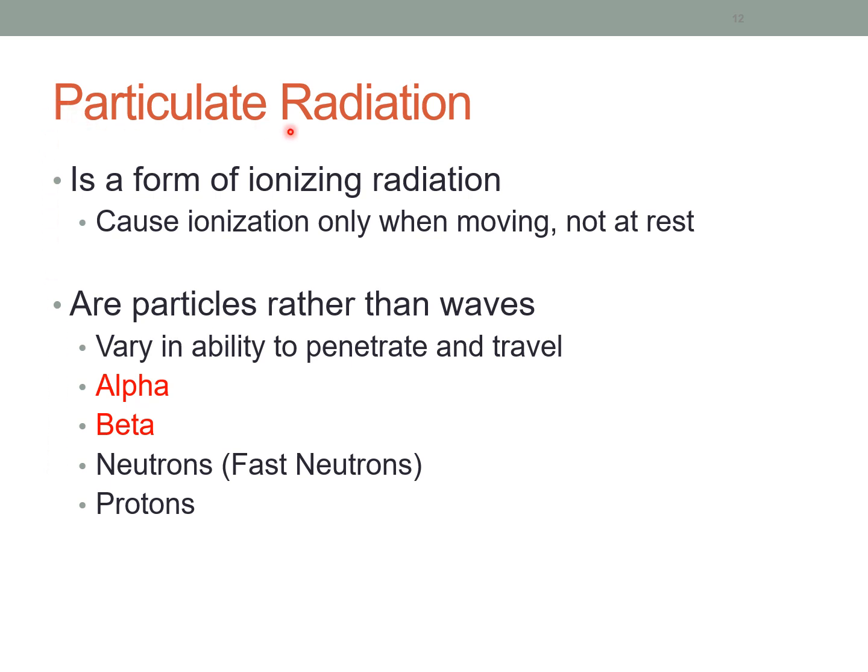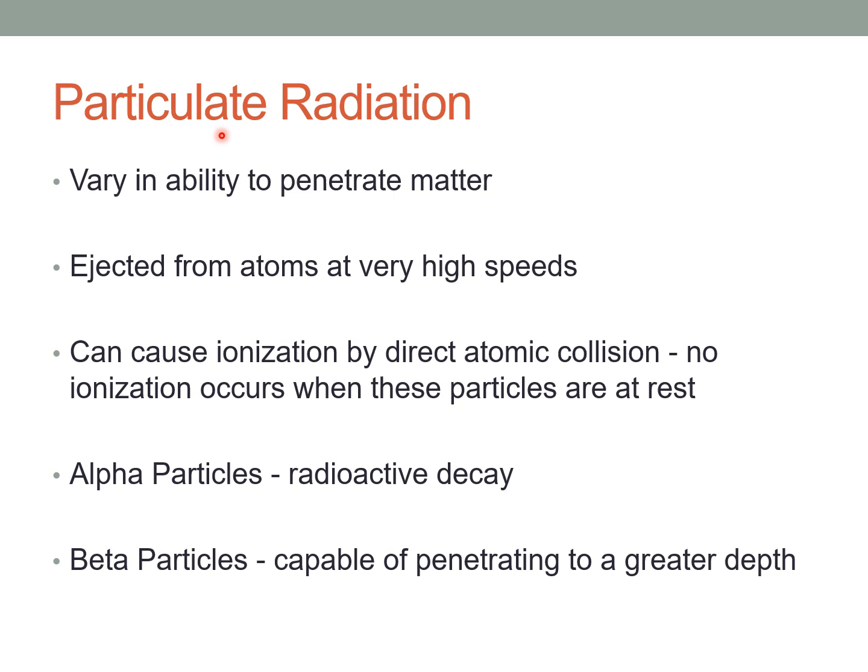Particulate radiation is a characteristic of X-ray where it could be a particle or it acts as a wave. So again, the X-ray is a particle, and then the way it travels is as a wave in a straight line. Varying ability to penetrate matter.